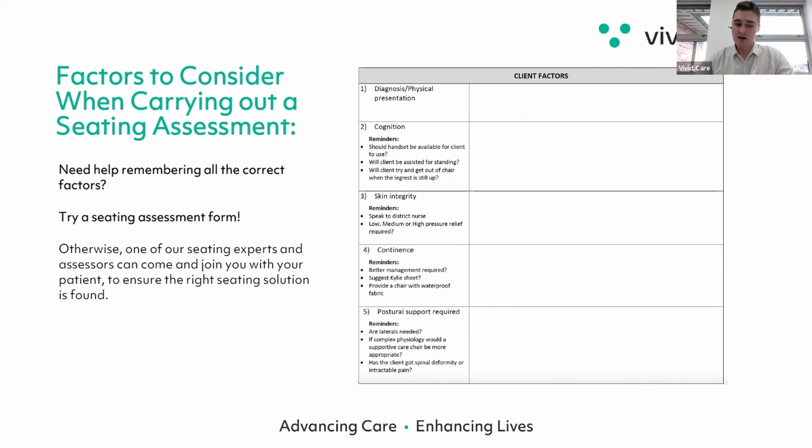It doesn't matter whether you prefer to print it off and fill it out there and then with a pen or pencil, or you could just have it on your phone and do it there. It's just there to be a supportive document for you. And then you can bring that back and have accurate notes on all the different relevant points, and make sure that nothing's missed when you are looking for that seating later on.